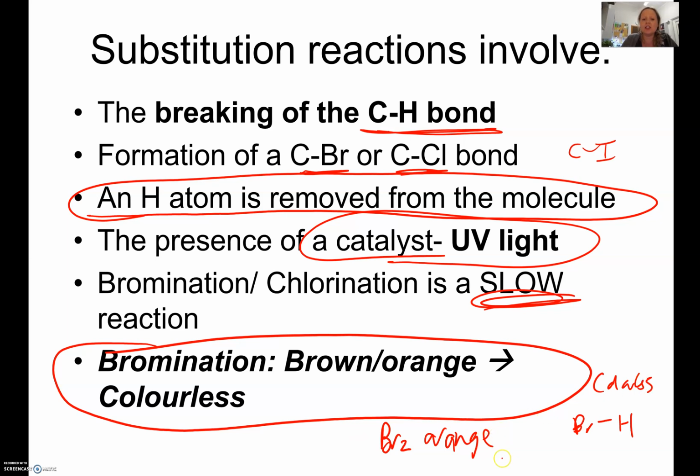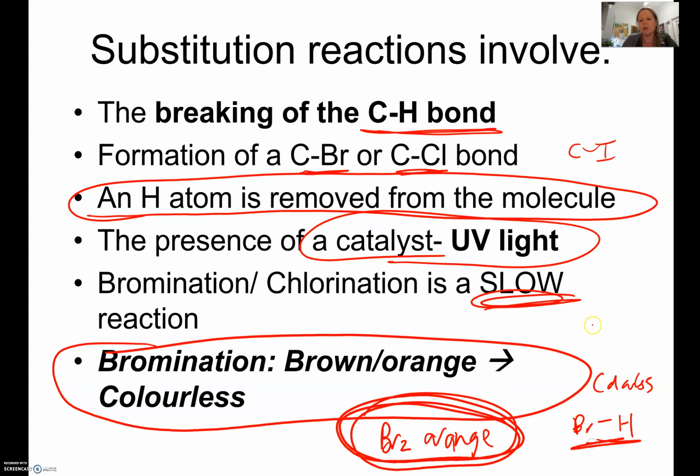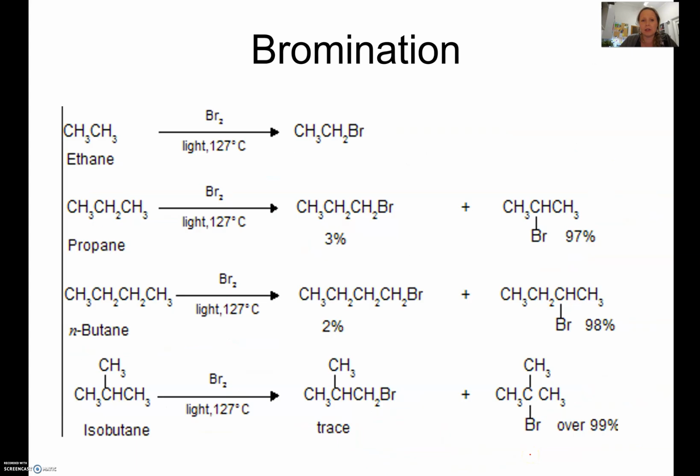So there's a colour change when we add bromine to one of these molecules, which is really useful because it'll initially start orange when you add the solution of Br2, because obviously the Br2 is intact. And as the Br2 reacts and forms the haloalkane, it'll lose its colour and turn colourless, which is quite cool.